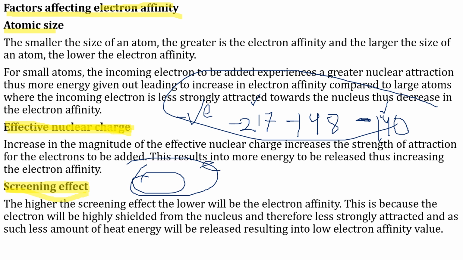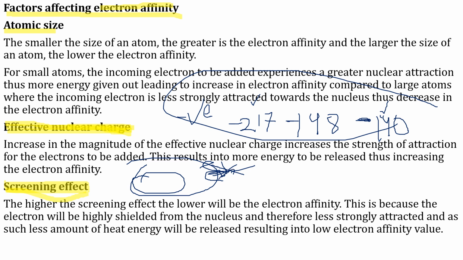Here it is going to be these electrons on the outer energy levels onto the incoming electrons. And we say screening effect increases with increase in the number of energy levels. So we are saying that the higher the screening effect, the lower the electron affinity will be. Since we are measuring electron affinity in terms of energy released, this is because the incoming electron will be experiencing more repulsion, etc.